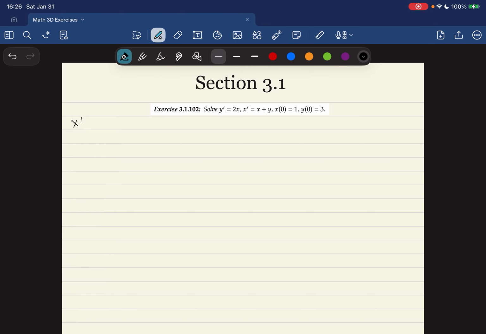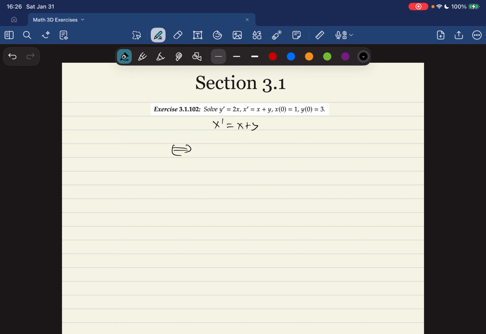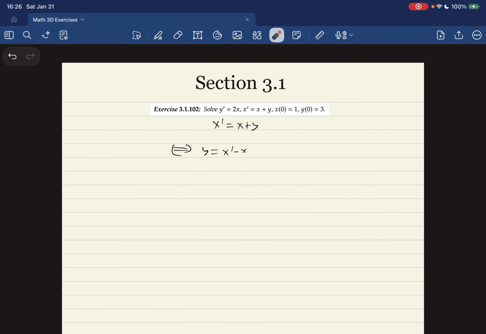So x prime equals x plus y. And actually, let me center this over here. If we solve for y, this gives us that y is x prime minus x. And so, how do we use this info to make progress towards solving the system?